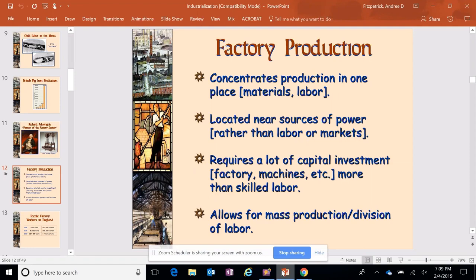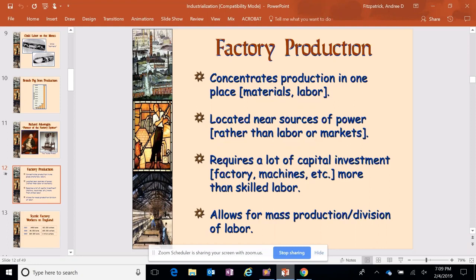Later, closer to the coal mining operations because they're going to be powered by steam. Initially, it requires a lot of investment. So those wealthy capitalists who had made money from the joint stock companies or from banking in the Age of Discovery are now buying the land, buying the factory buildings, and buying the machines.